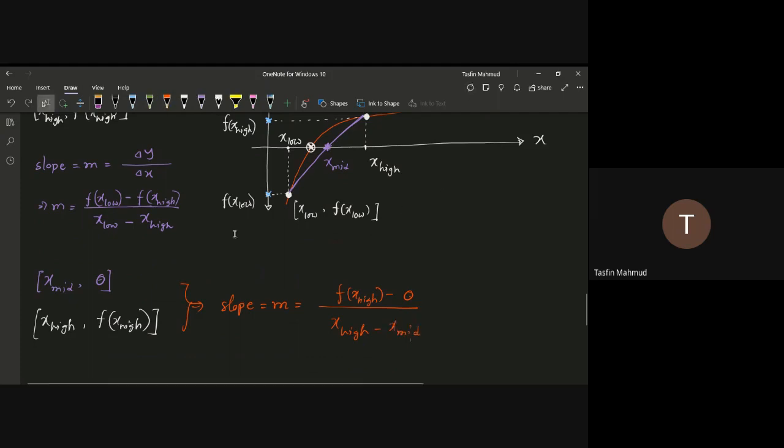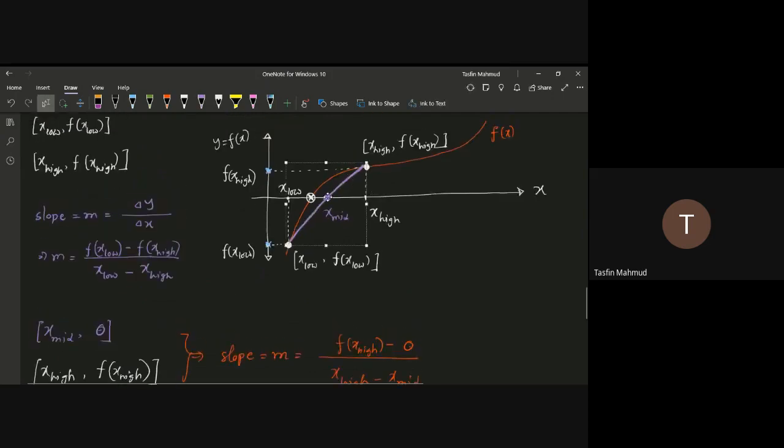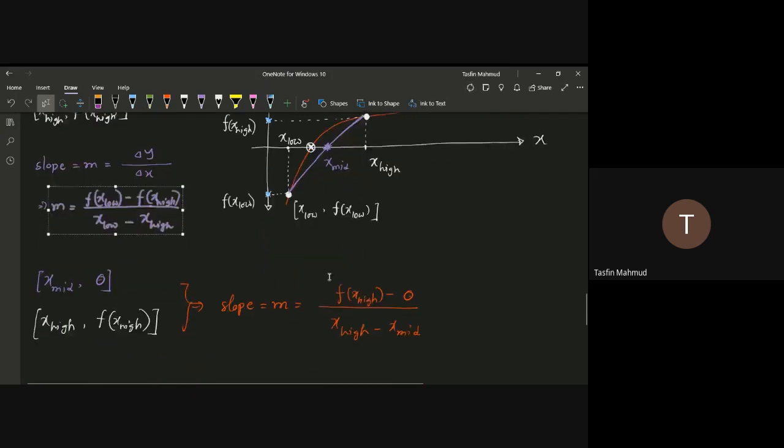Then we equated these two slopes because this is a single straight line, and for a single straight line, the value of slope will remain constant. So we actually equated these two slopes to determine the x midpoint.